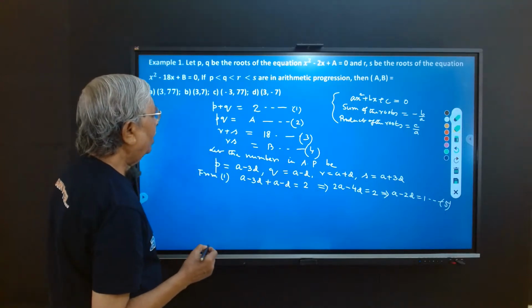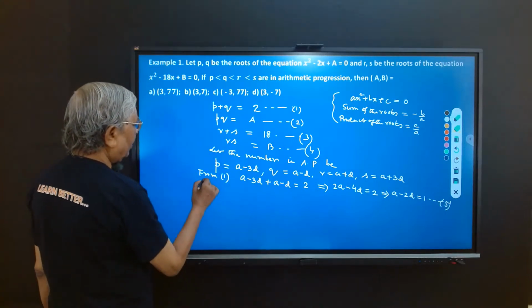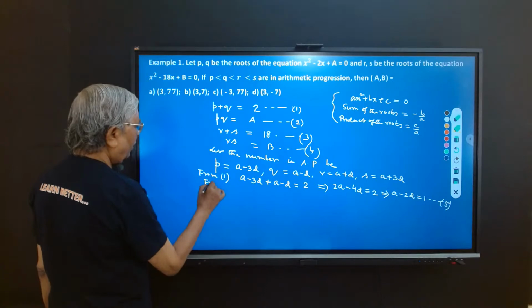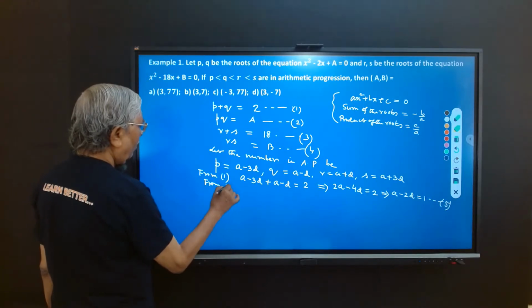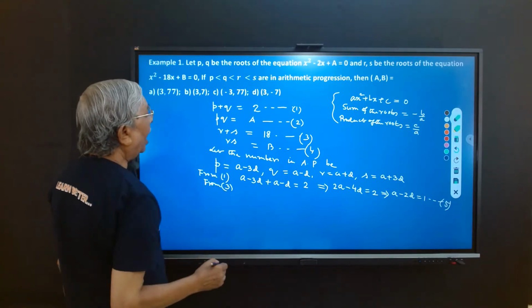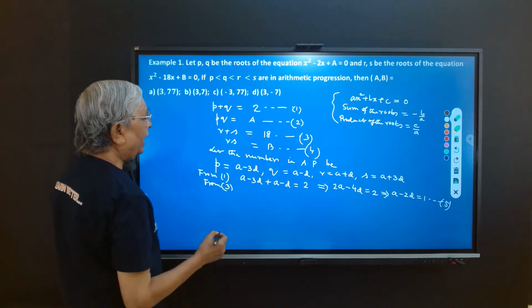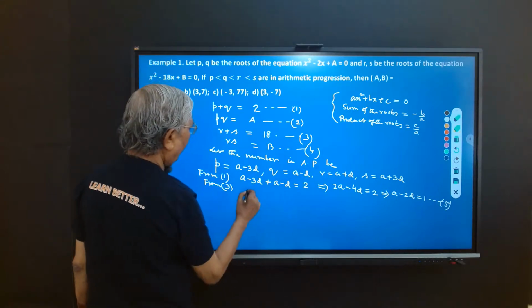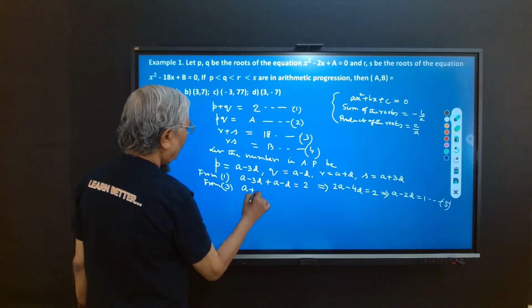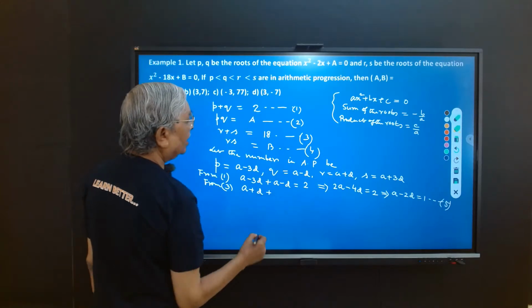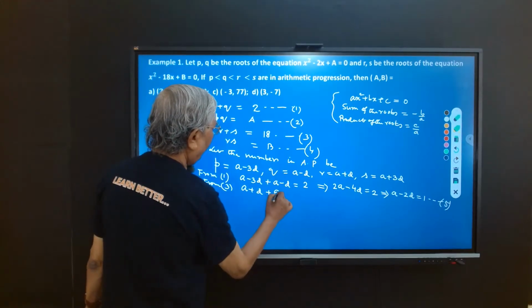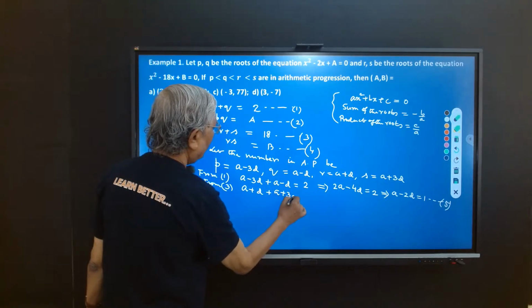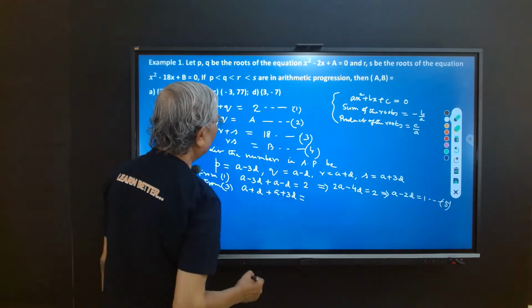Next, r plus s from 3: r plus s is equal to 18. What is our r? a plus d, plus s means a plus 3d, equals 18.